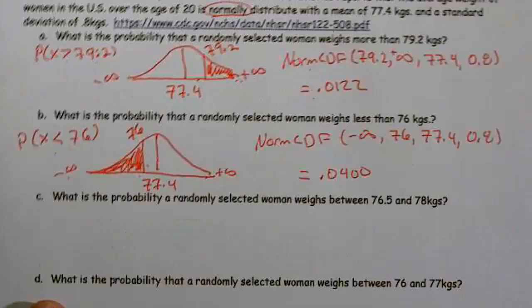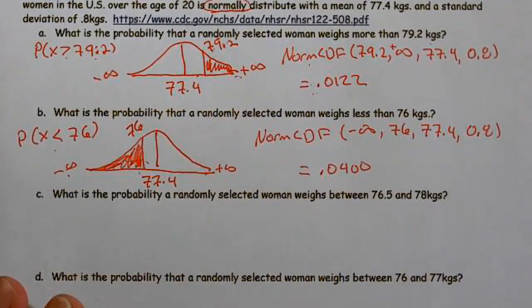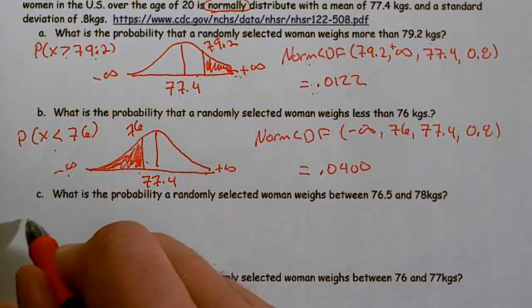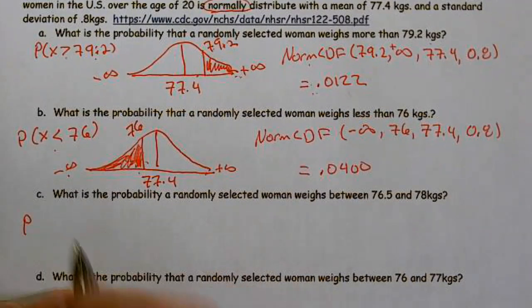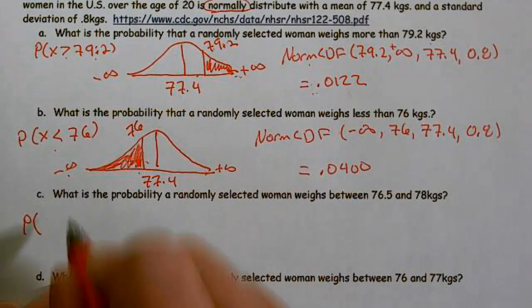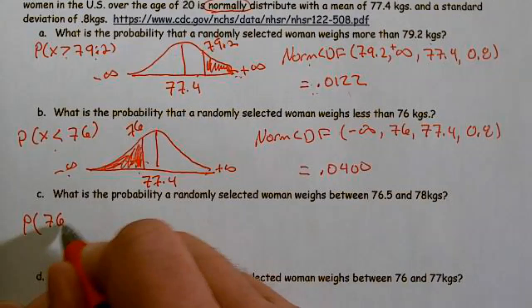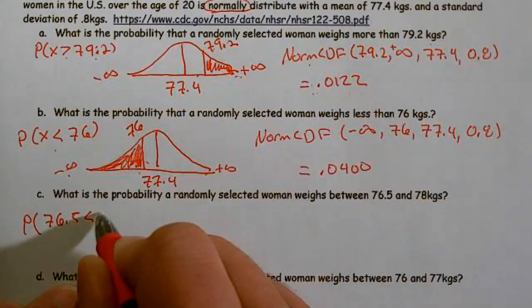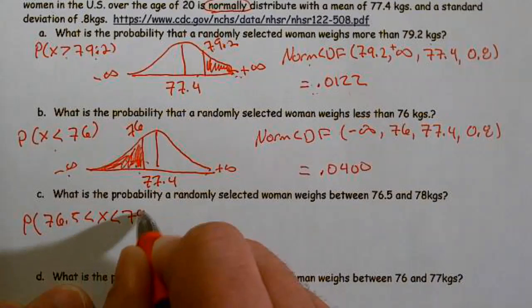Next one. What's the probability a randomly selected woman weighs between 76.5 and 78 kilograms? All right. So here we have two values. So my probability statement is going to look like this. 76.5 is less than X is less than 78.